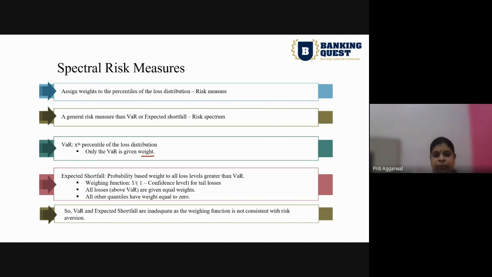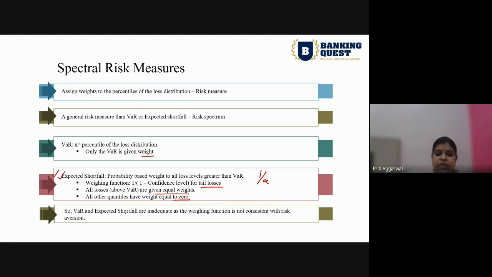So the weighting function will be 1 upon 1 minus the confidence level, that is your level of significance, right? For the tail losses, all losses above VAR are given equal weights. All other quantiles have weights equal to 0. This is something we have to always remember while calculating your expected shortfall.